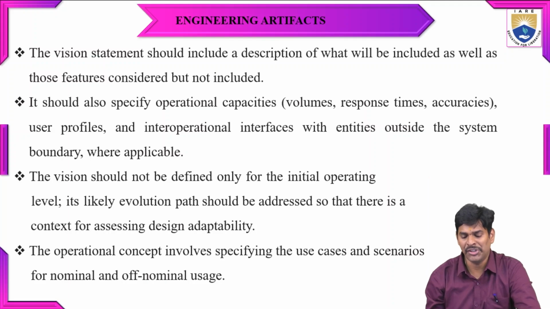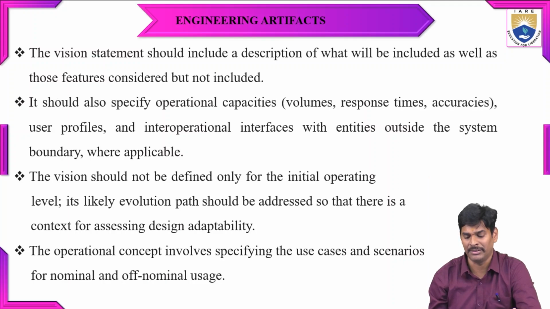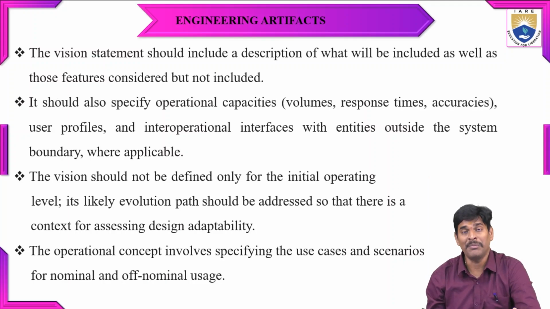And the next one is that the vision should not be defined. So here we cannot define and operate different types of levels. How this can be evaluated is based upon the evaluation path. Based upon the evaluation path, we need to address assessing design adaptability. Based upon the context of the assessing, there we need to evaluate what the vision is for that.